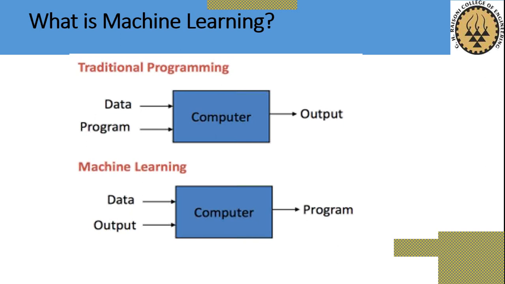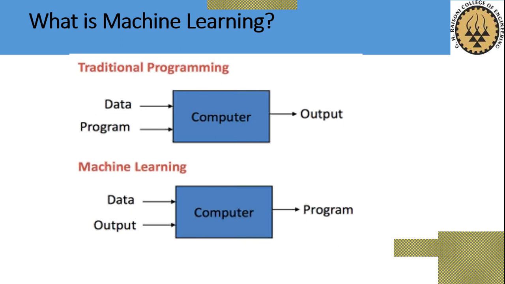For example, if you use C or C++, you have to write a program in C or C++ and then provide the data. For example, if you want the addition of two numbers, you have to write the program in C or any programming language, and then provide the values to the variables. For example, A equal to 10, B equal to 20.